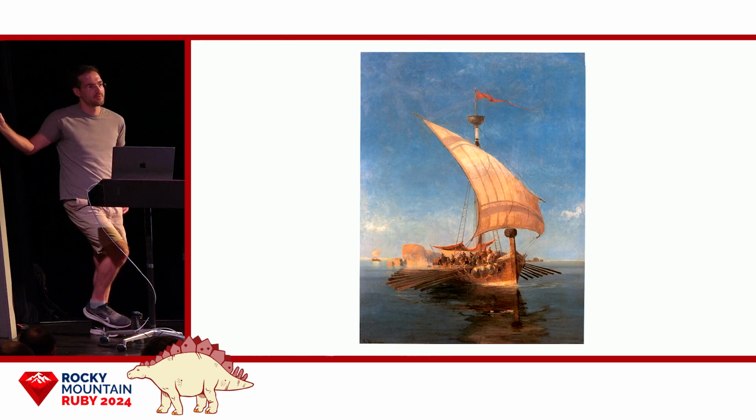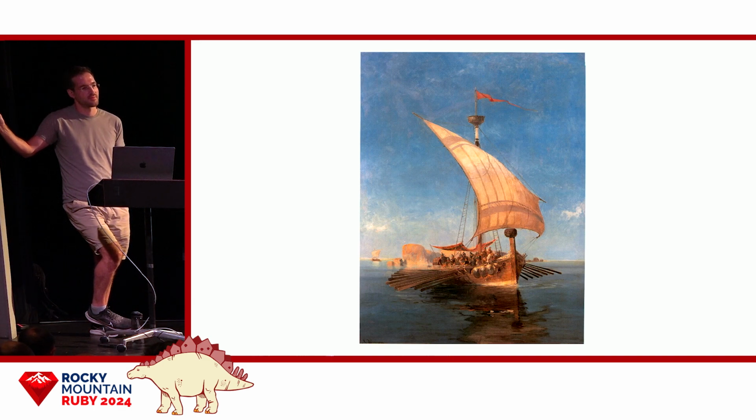And the ship is always one ship, but after a certain point, every piece of the ship has been replaced, and none of the original ship is still there. And so the thought experiment is, is it the same ship? And if not, when did it stop being the same ship, if you're replacing these items?